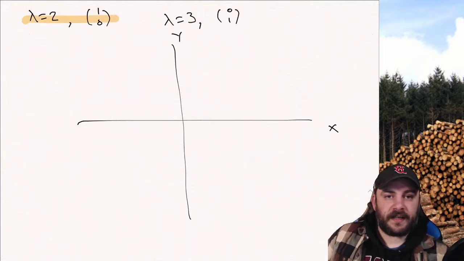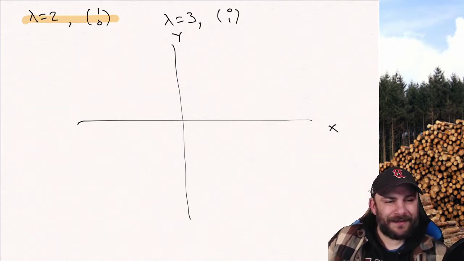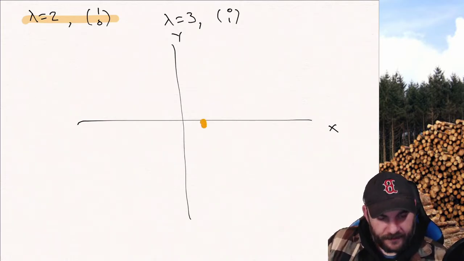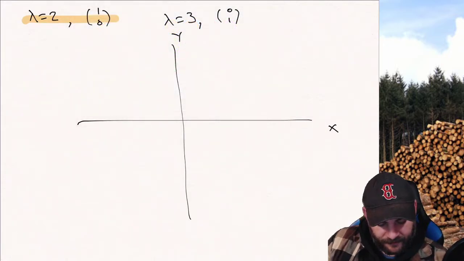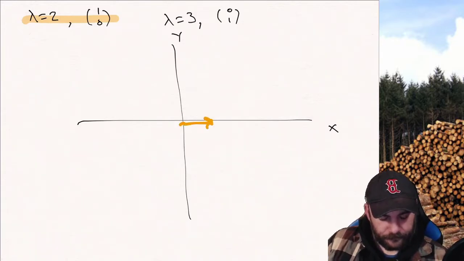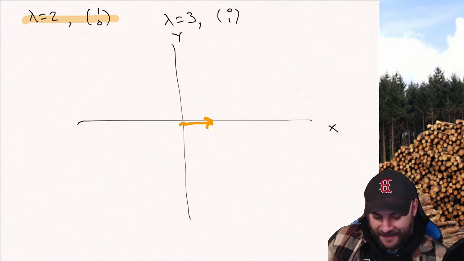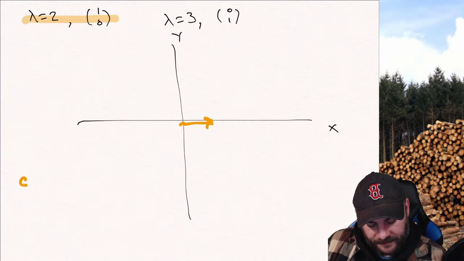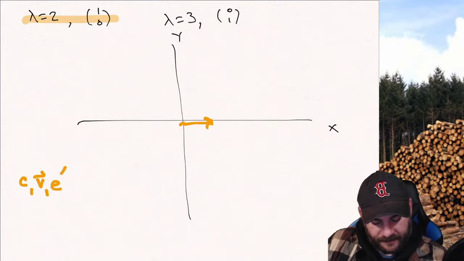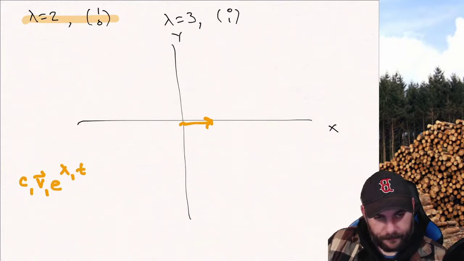Okay, first things first, I need to draw the 1, 0 vector. So that's 1 in the x direction. That is too fat. 1 in the x direction, and 0 in the y direction is right there. Okay, so my vector looks like this. And in that direction now, if I think about how this is going into my solution, I've got a C1, V1, e to the lambda 1 t.